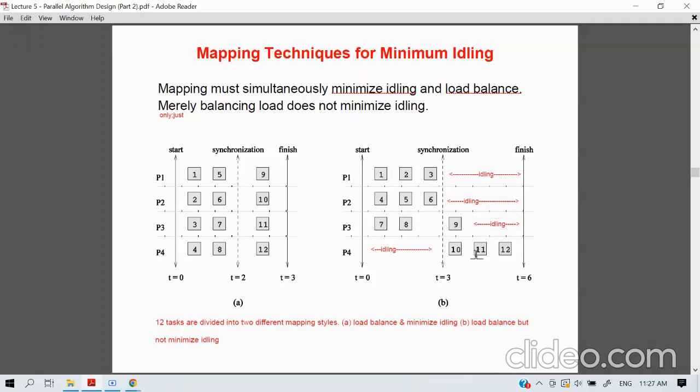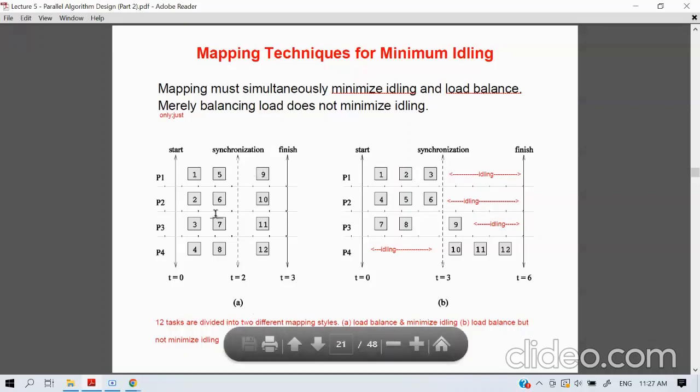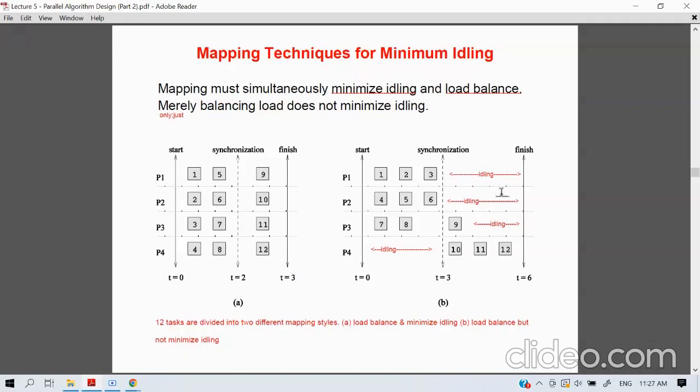There are some times when there is idling here. P4 is idle during the first T0 until T3, and P3 is idle at times 4 and 5 until 6. So this is an issue of mapping. Sometimes we can get a mapping where we balance the load and also minimize the idle. Sometimes we can balance the load, but we cannot minimize the idle between the tasks or processes.